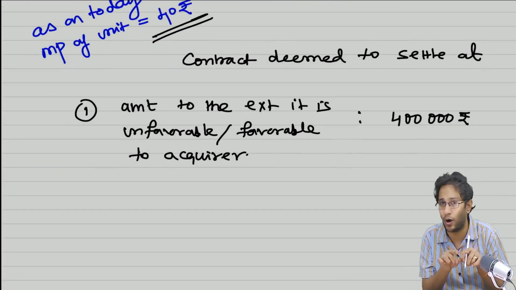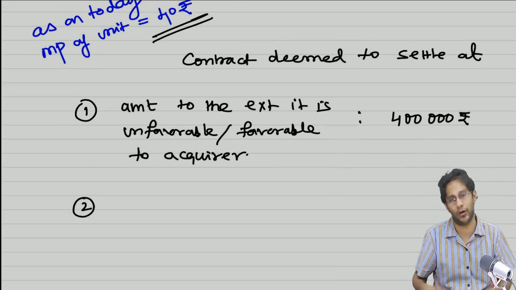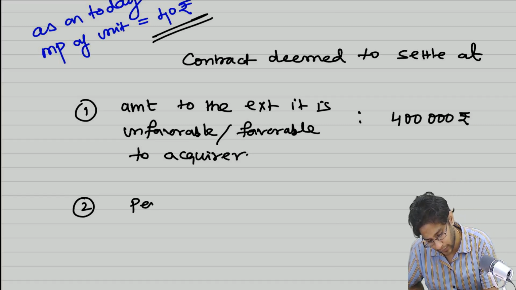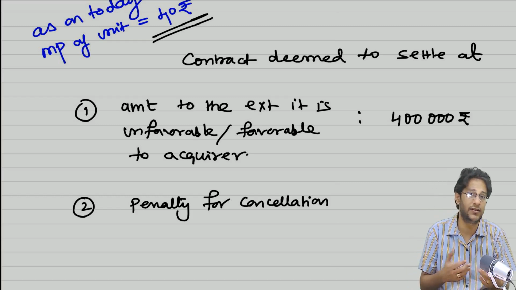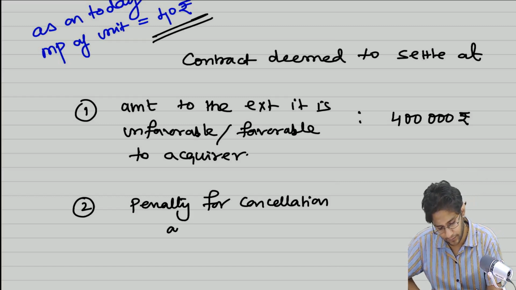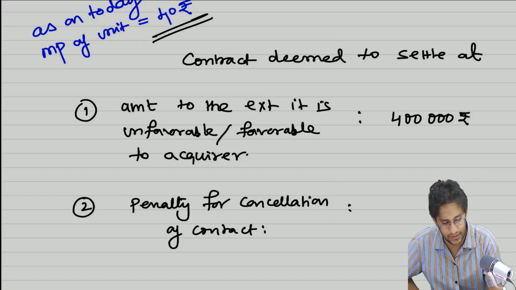But since it's a contractual relationship, there may be a clause of cancelling the contract. Penalty for cancellation. Sometimes contracts have this clause. So go and check if there is any cancellation penalty. Suppose cancellation penalty is there, 1,50,000.